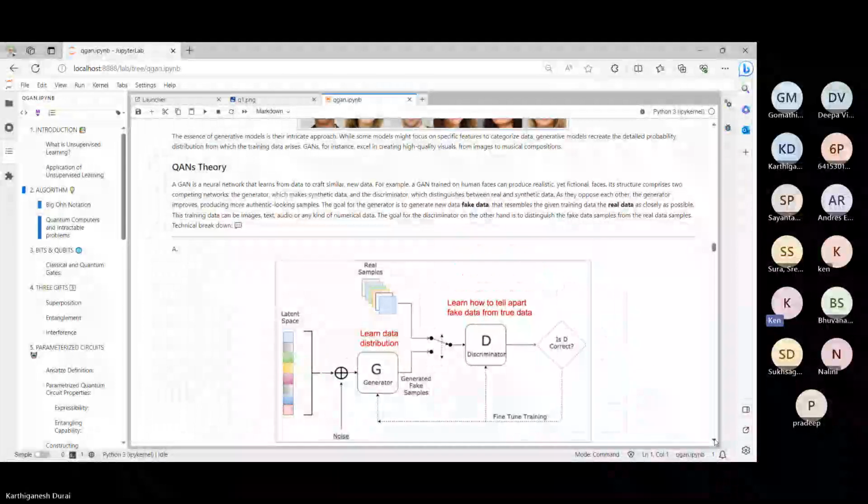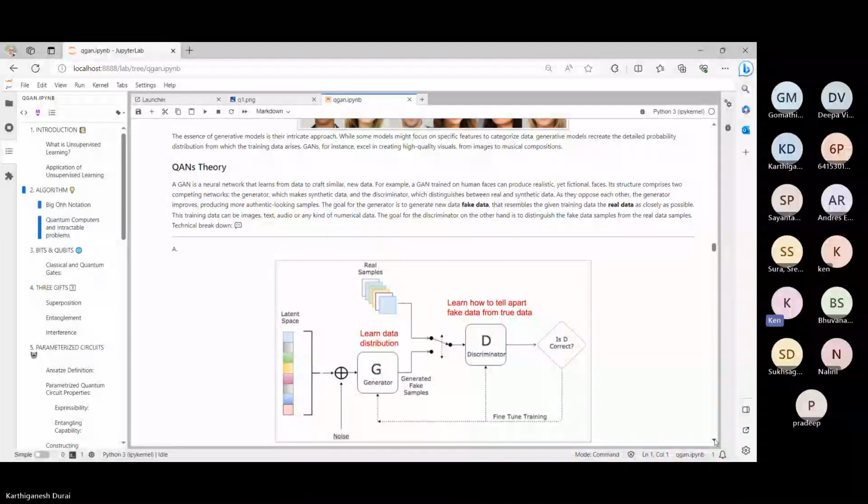From that population, we want to take all the house cats out. We're going to take all the house cats out of that population, and that's going to become our real sample. So if you look here, we'll see real samples. House cats are now the real samples. Everything else that's rejected, we could use as our latent space.